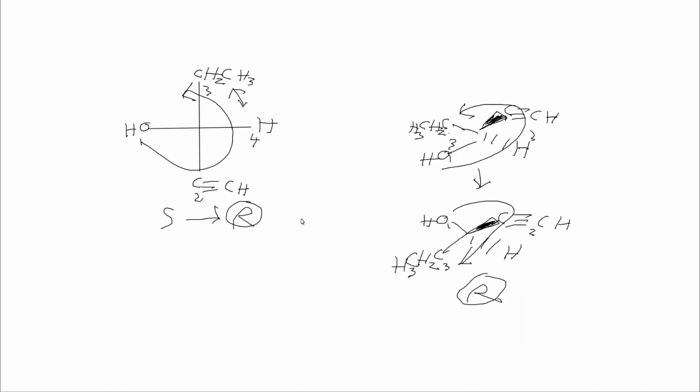Going from perspective to Fischer is basically the same. I'll just do an example for you. So you have to draw a perspective. We'll put H here, Cl, a methyl group, and then how about an OH?